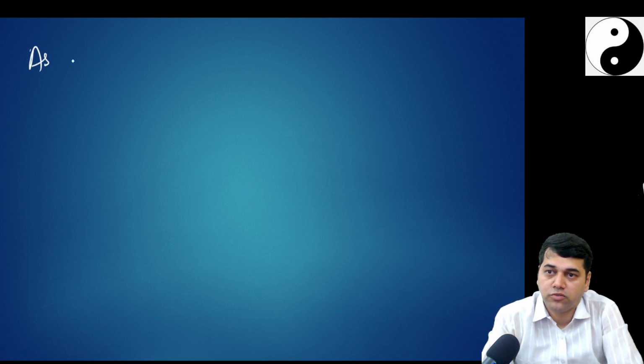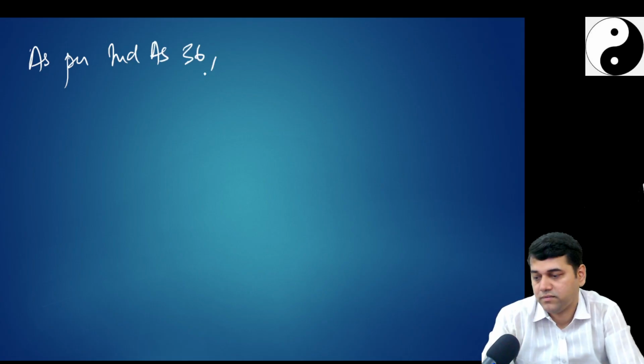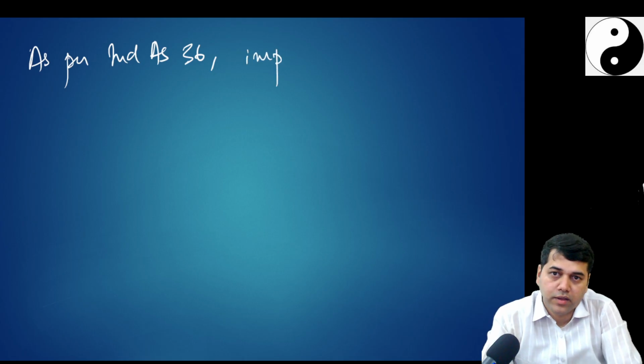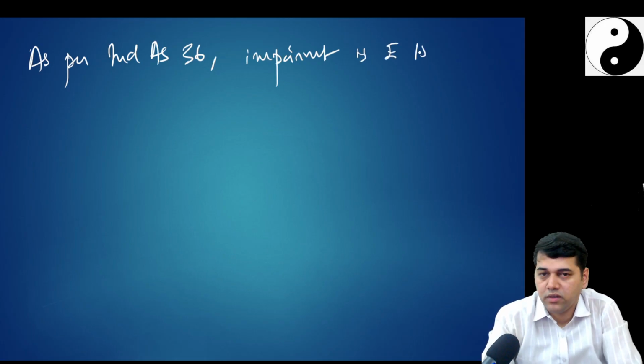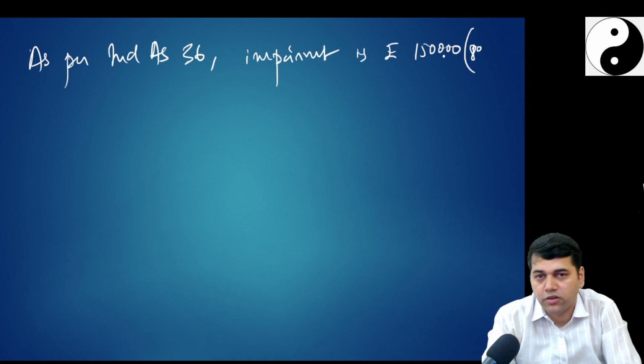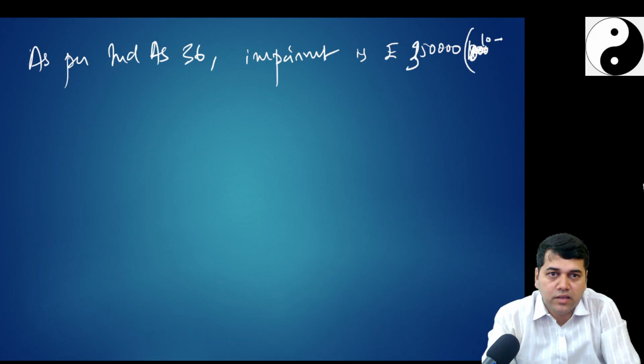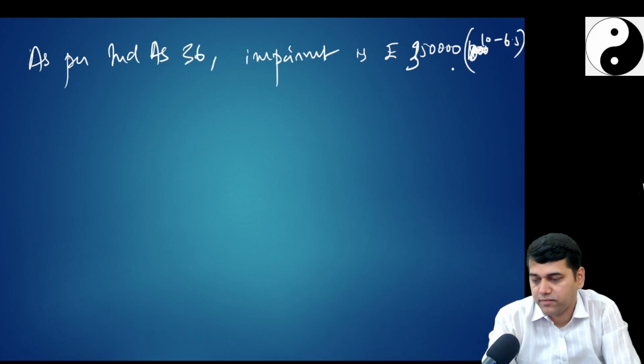As per Ind AS 36, impairment is rupees 3,50,000. Sorry, not 1,50,000, 3,50,000. 10 lakhs minus 6.5.